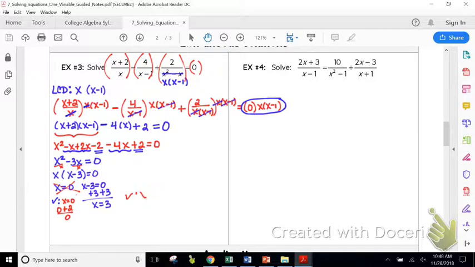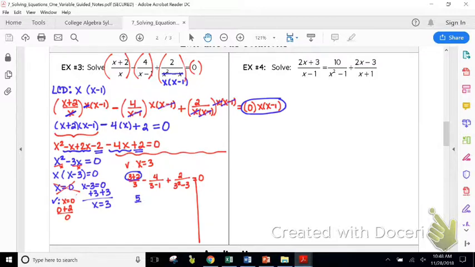I'm going to move up actually a little bit there. I'm probably going to need more room. So I'm going to plug it in the original. And so I'm going to work on this first fraction.